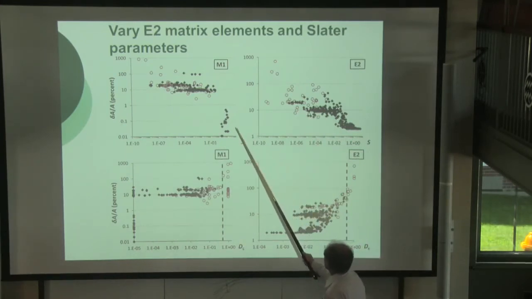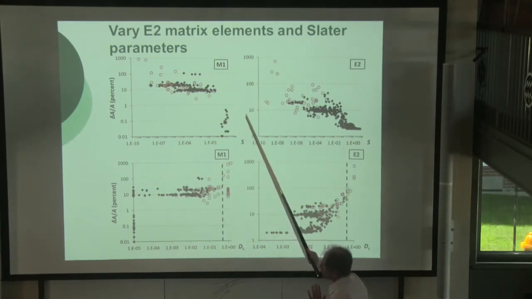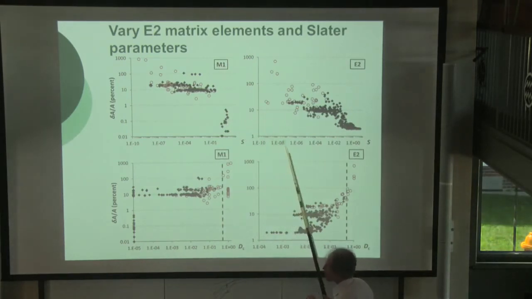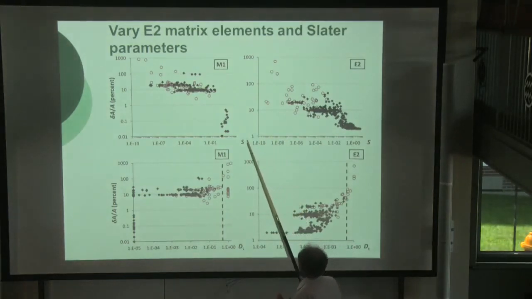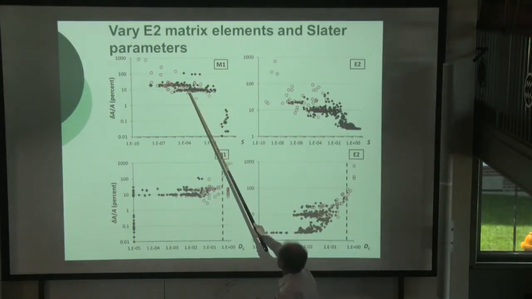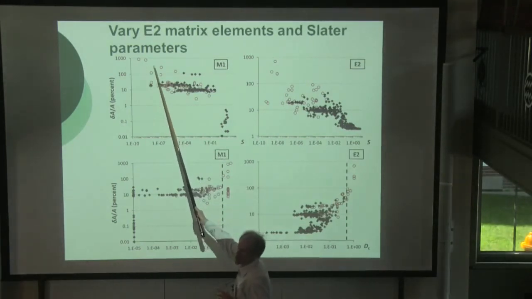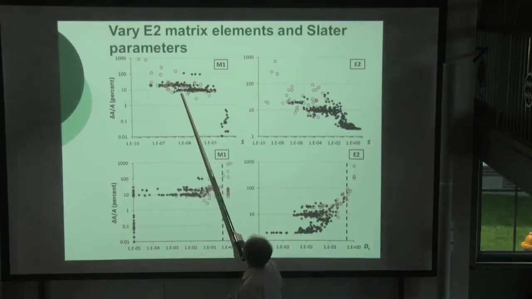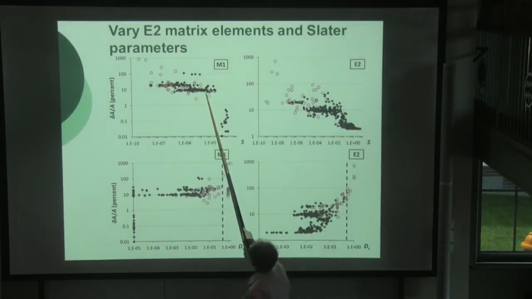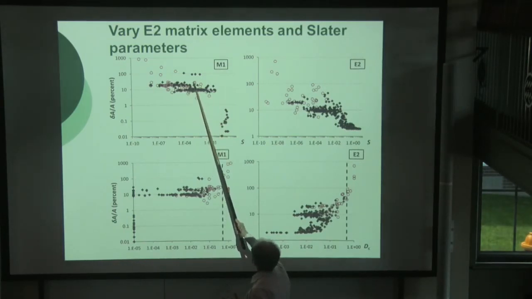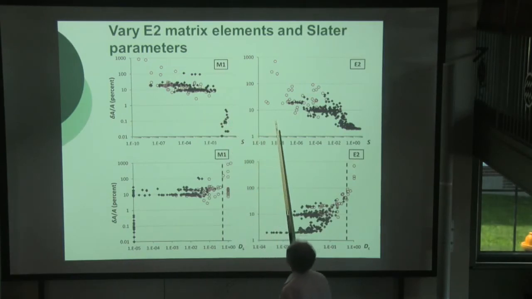Some magnetic dipole transitions, the strongest ones, are really insensitive to these small changes in the parameters. But some are really bad. This is percentages. So you see it's 1,000% variation. And again, some medium strength transitions are clustered around 10% accuracy, but some of them are 10 times worse.